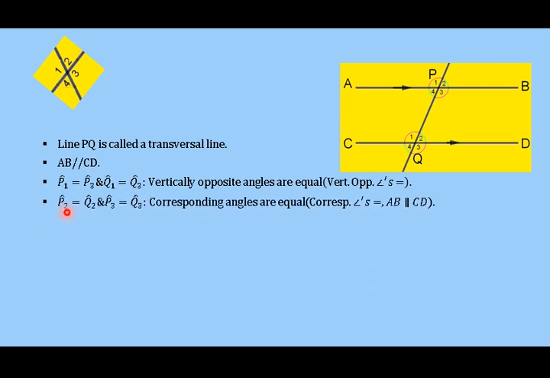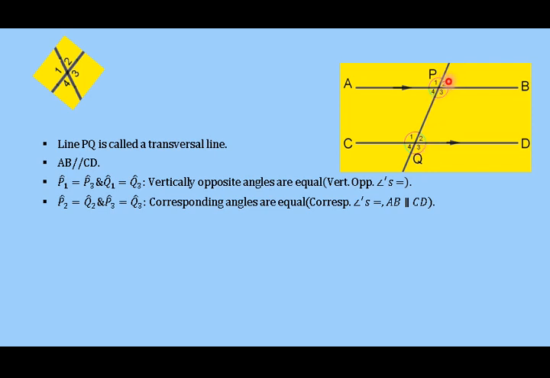Angle P2, where is P2? Angle P2 is equal to angle Q2, and angle P3 is equal to angle Q3. These are the corresponding angles. What you must know is that corresponding angles are equal. Let's start with angle P2.